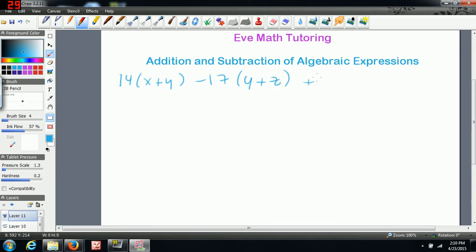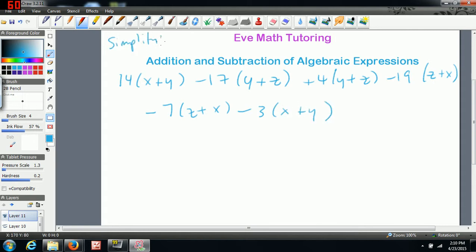I'm going to add it to 4y plus z minus 19z plus x. And I'm going to subtract 7z plus x minus 3x plus y. Okay, here's the question. Simplify the following.